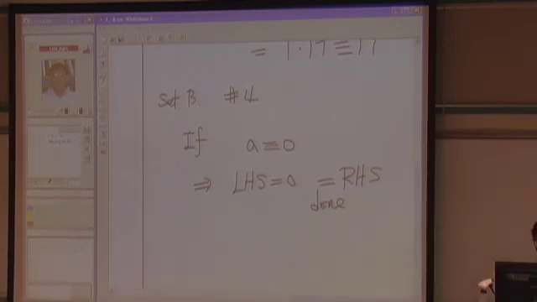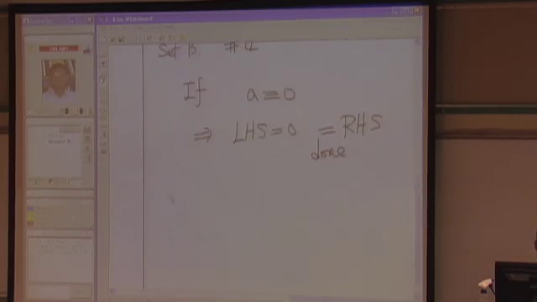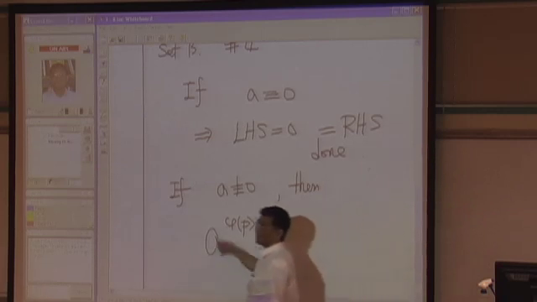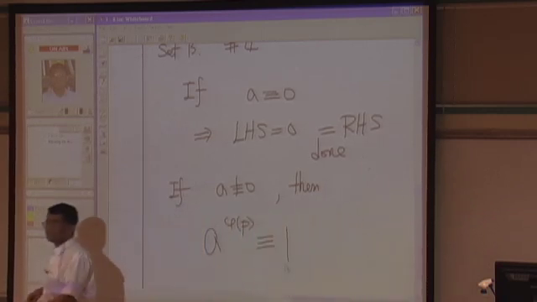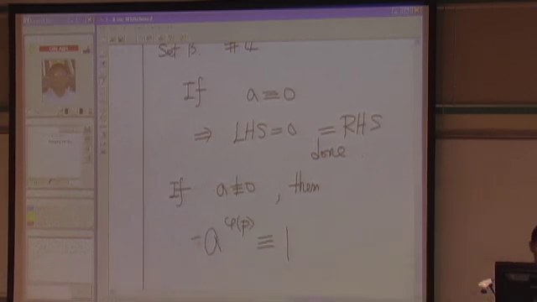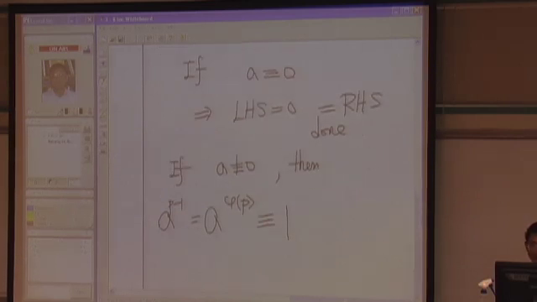If A is not congruent to 0, then by Fermat's theorem, or Euler's theorem, A to the power of phi of P is 1. It doesn't matter which. Because P is prime, phi of P is P minus 1. Then we can multiply both sides by A, so A to the power of P is congruent to A mod P, done, right?